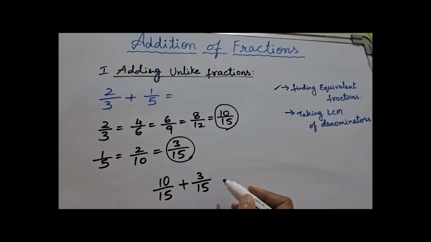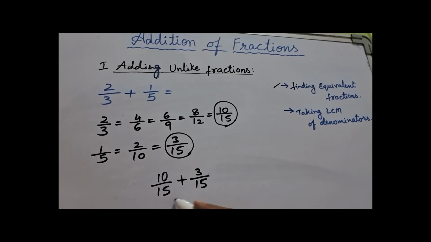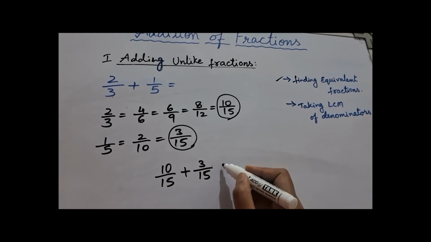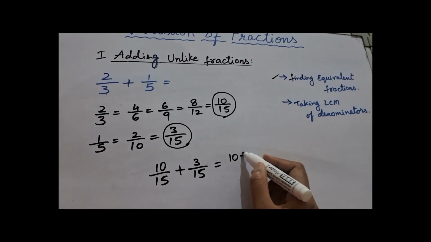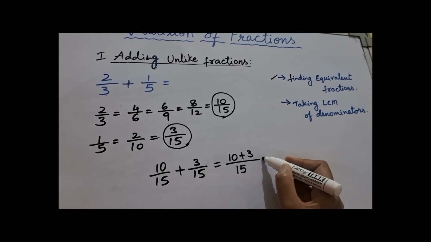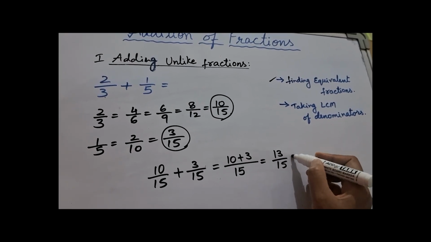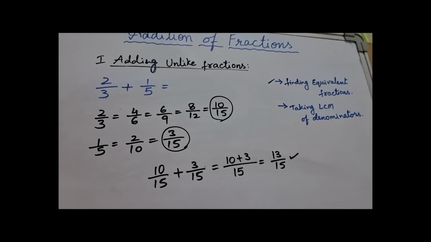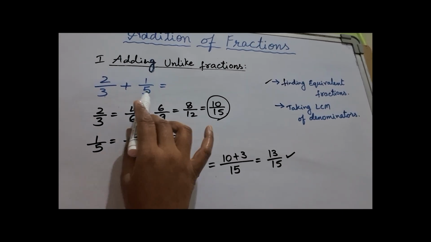That means we have converted these unlike fractions to like fractions. Now for the addition of like fractions, add the numerators, denominator being the same, we get 13 by 15. This is the answer.